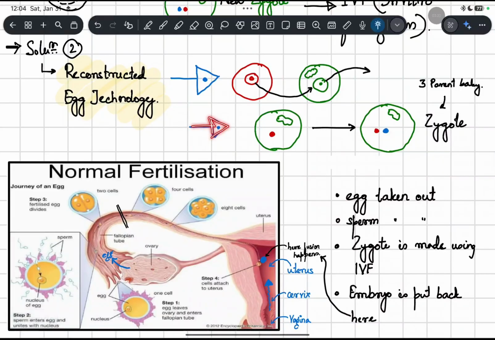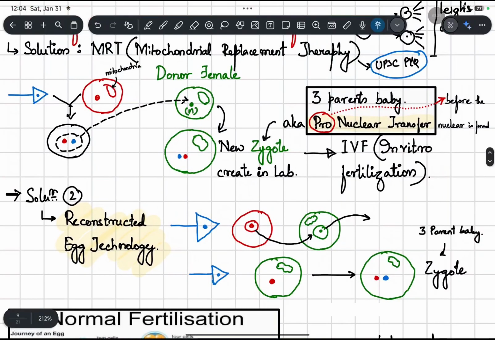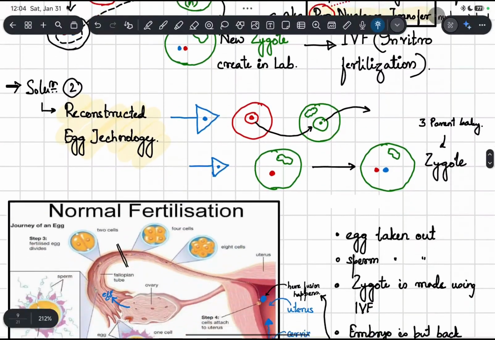So here we have the sperm cell, and here we have the donor's egg with the mother's nucleus, right? This is how the zygote is formed. This is also known as the three parent baby. So these are the two ways through which IVF is done, right?